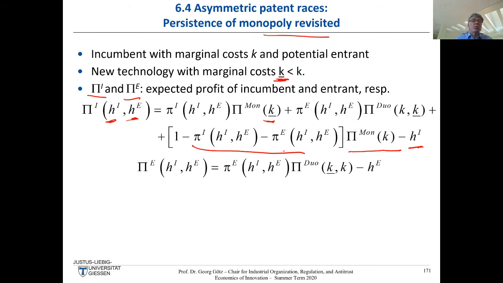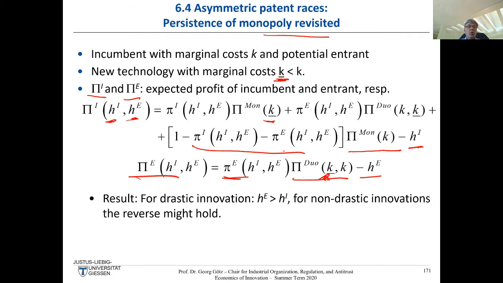Of course, it's always much easier to look into the entrant's expected profit. And here what we see is, again, we have the pi E, the probability that the entrant is first. And if the entrant is first, she obtains the duopoly profit with the low cost, minus h E. Of course, she doesn't get anything if she's not the first to innovate. Okay, so what can we tell now?